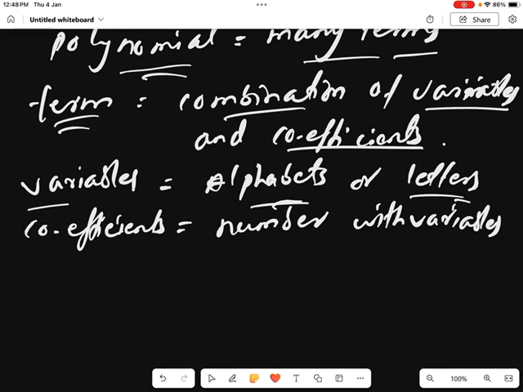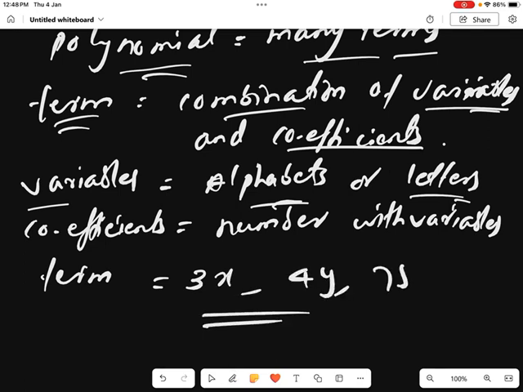Now, examples of terms. Terms mean a combination of variables and coefficient. The examples of terms are 3x, 4y, 7s.